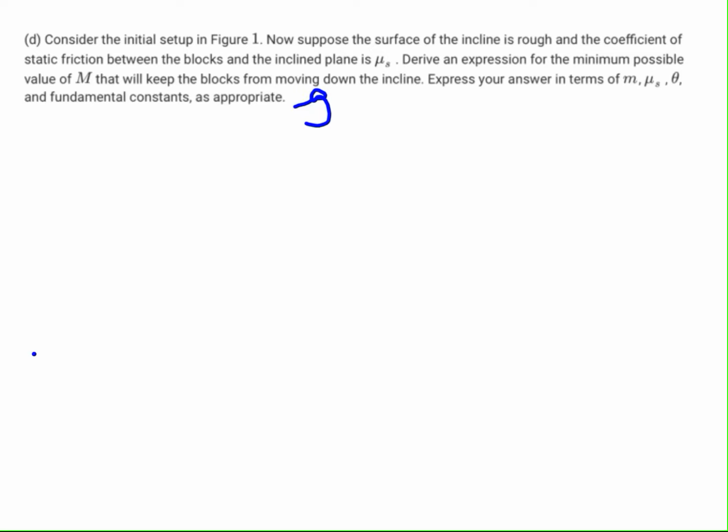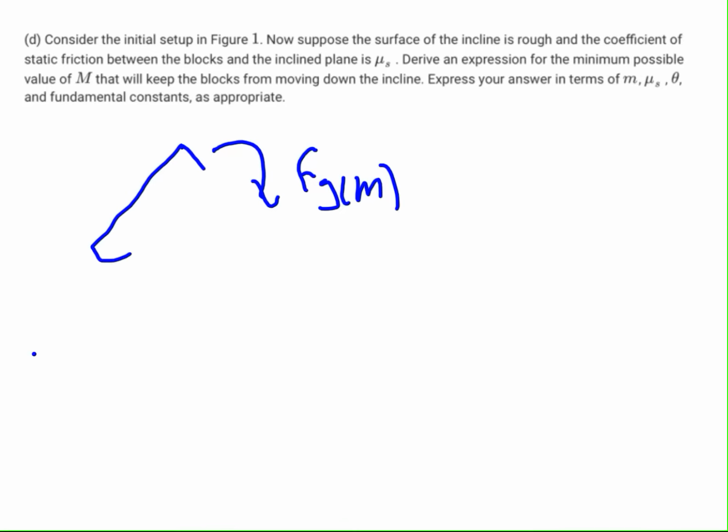So we're looking for the minimum possible mass. So we're still looking for the situation where the force of gravity this way is exactly equal to this combined with that. So we're going to say force of gravity parallel of the two of them, negative, down the hill.